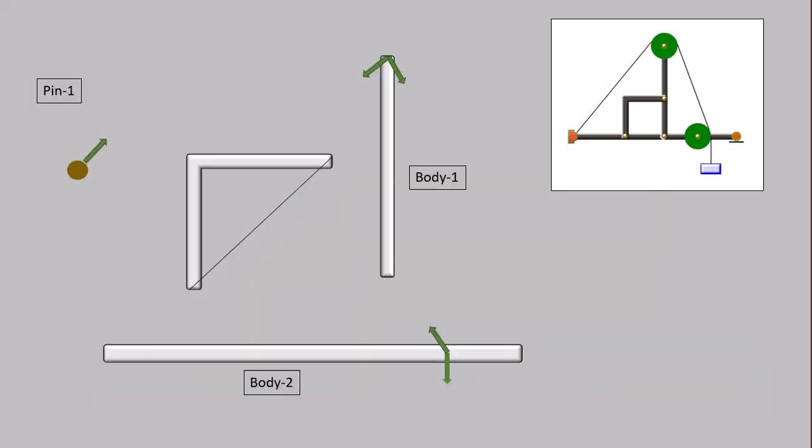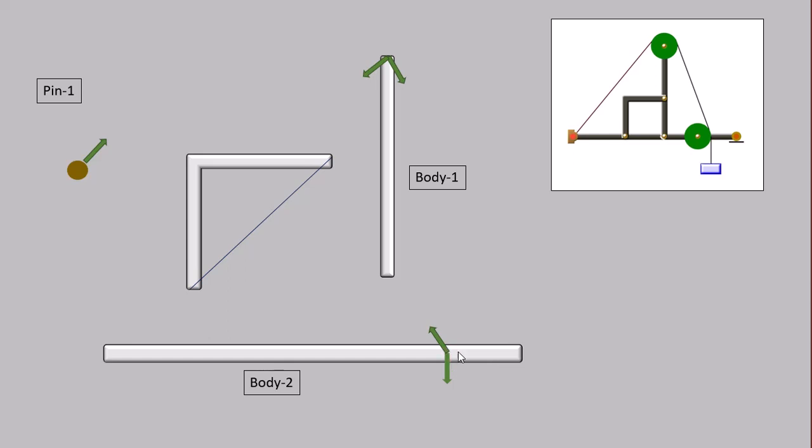A pulley problem, drawing the free body diagrams. The green arrows are the tensions in the cable. At this pin, which is this pin, there are two tensions along these two segments of the cable.